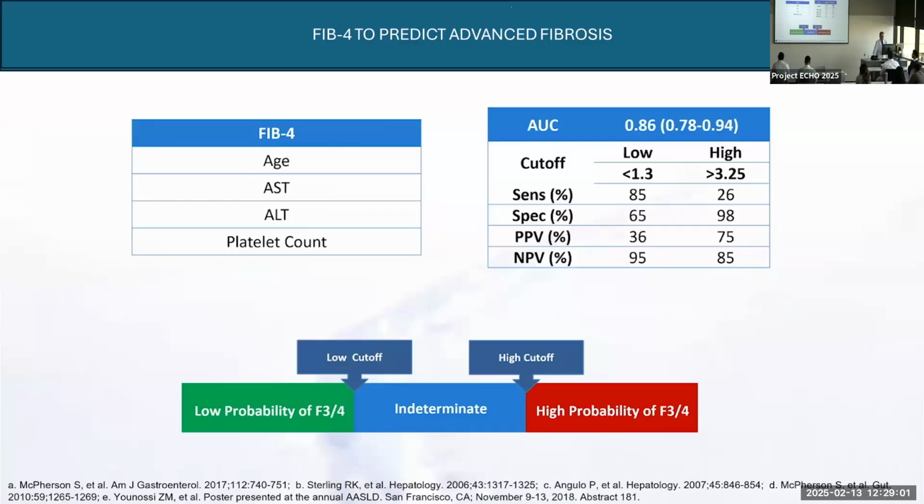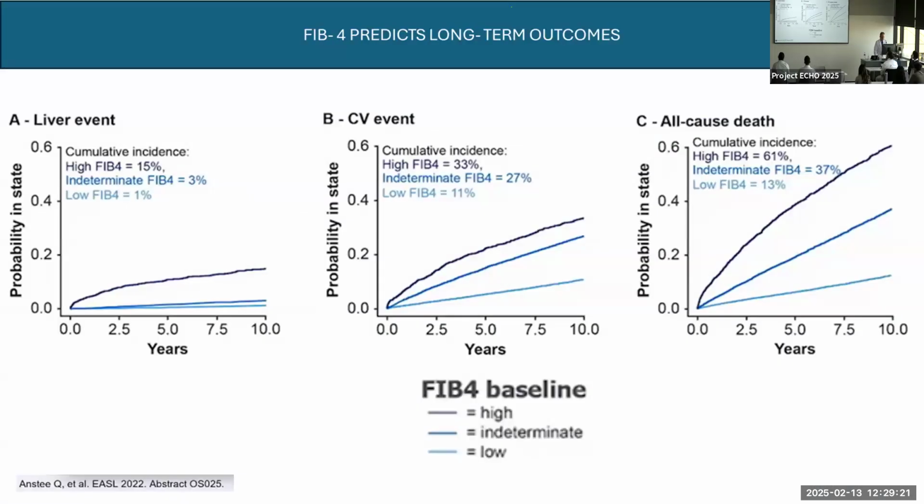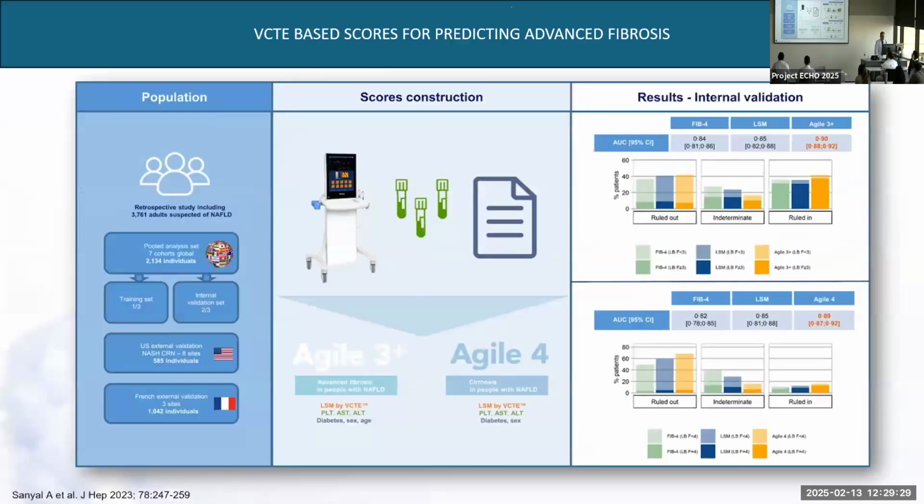And the high cutoff is very specific. So this can say that you do not have advanced fibrosis with very high negative predictive value, or that you may have advanced fibrosis. In between, we have some gray zone here.